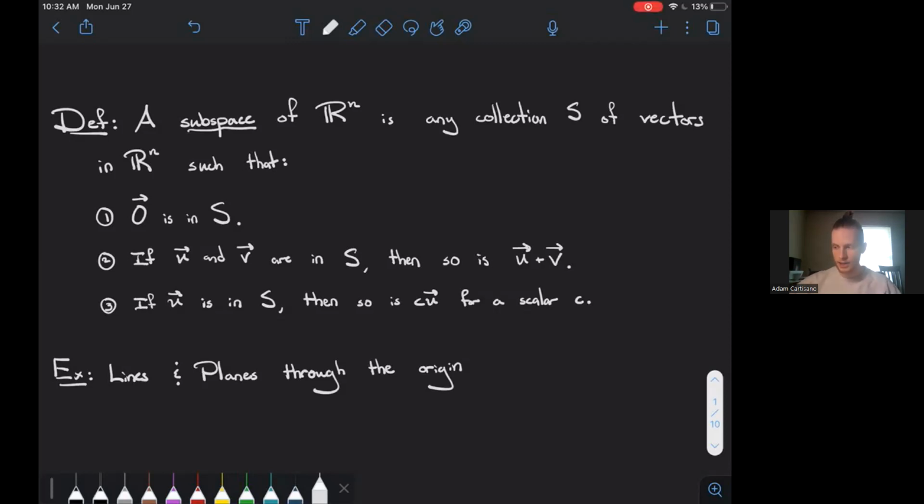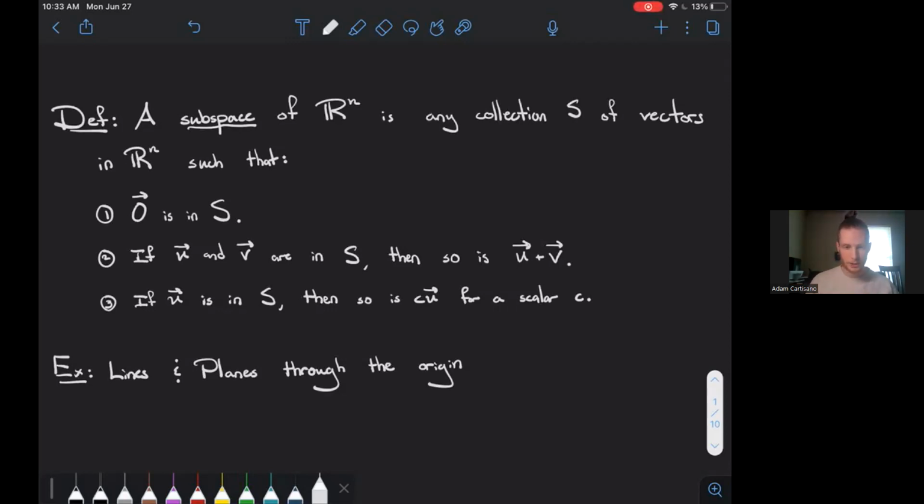If you have your set S, any linear combination, which is a finite sum of scaled vectors inside of that set, you again get a vector that's inside that set, right? So that's what it means to have a subspace. We have all the linear combinations of vectors inside of any collection of vectors inside of that set.